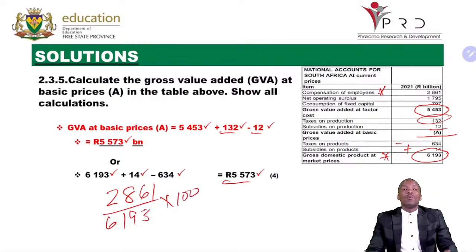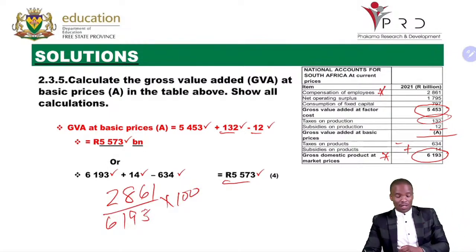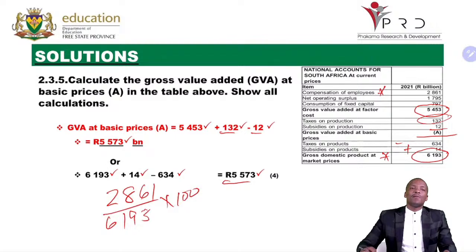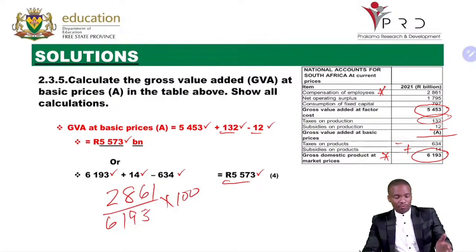That is what we want out of this question. If they say calculate something as a percentage of something. And like I said, let us pay attention to the issue of the calculators that we are using and show that we do everything step by step.